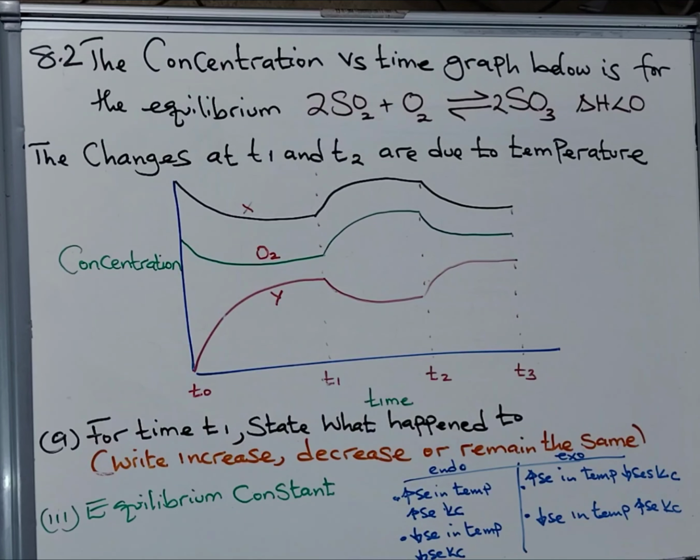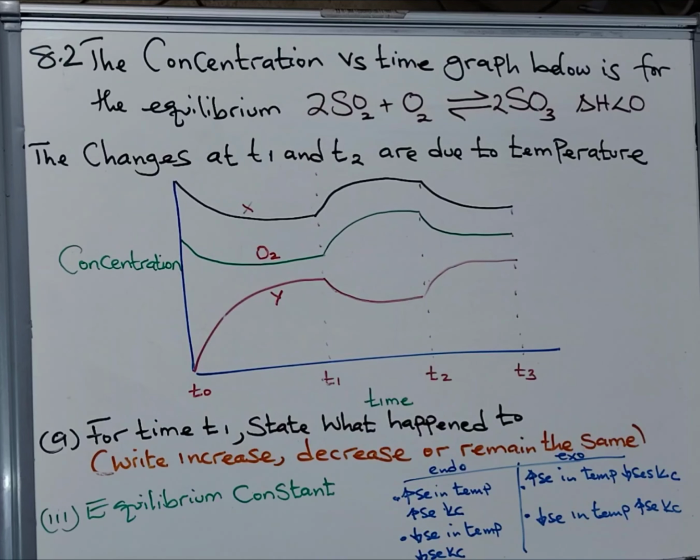So it is very easy to tell that for endothermic, Kc follows temperature. When temperature increases, Kc increases. When temperature decreases, Kc decreases. While for exothermic, increase in temperature causes the reverse. Increase in temperature decreases Kc, and the reverse is true.